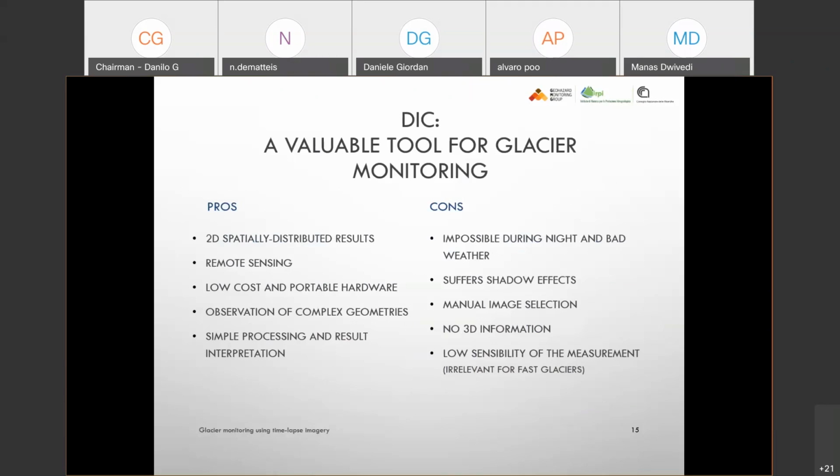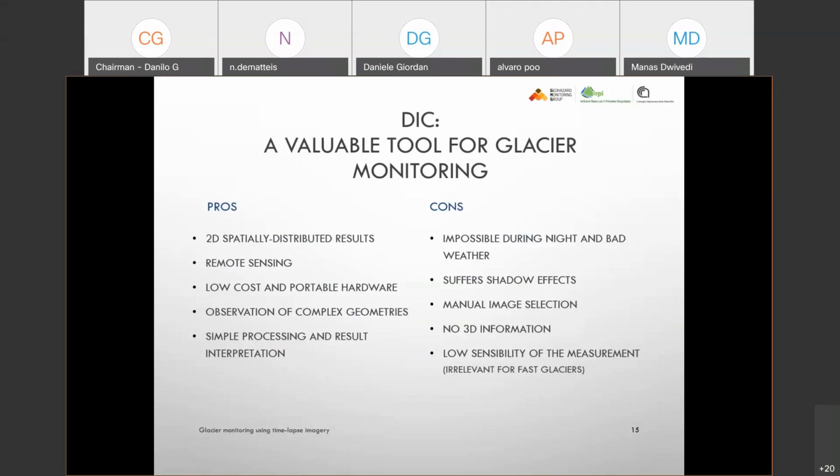The results are maps, so spatially distributed displacement values of the two components of the displacement. This is a quality of this technique, but it is also a constraint because we don't have any information about the displacement component along the line of sight.